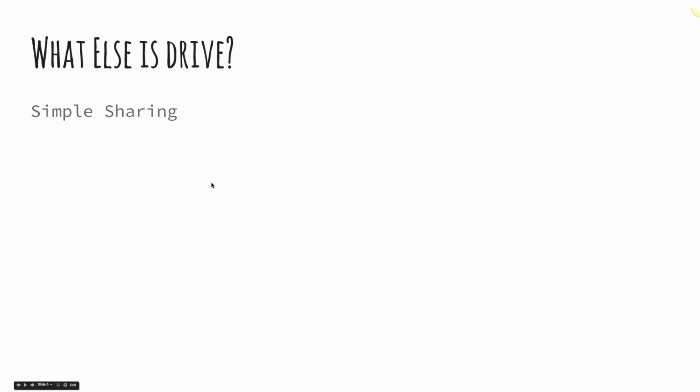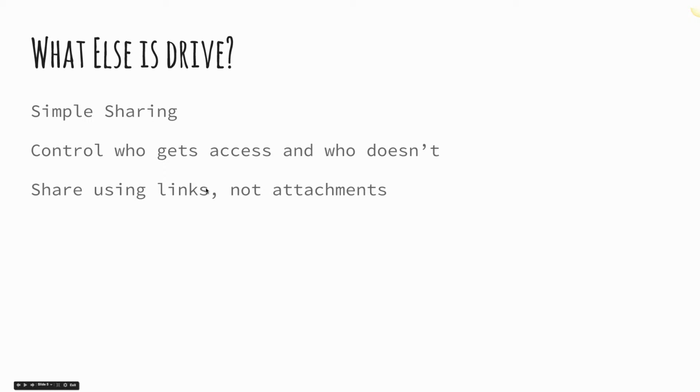I love it because you can share. Really, really easy sharing. You're sharing and you're controlling who has access, and you're also sharing via links. So have you guys ever had to open an attachment, but then found out you couldn't open it because you didn't have the right tool, or they didn't attach the right document, or something? Attachments can be a little bit wonky.